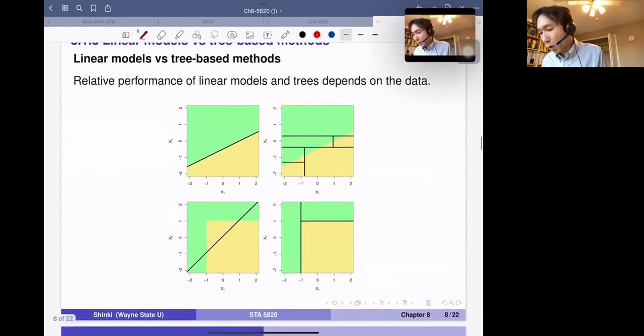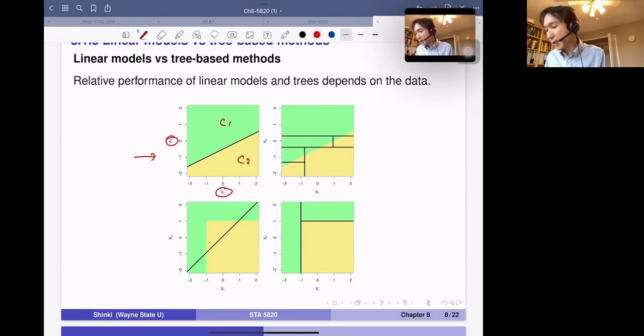So what's the real performance of tree-based methods and linear methods? It really depends on the problem. Suppose we have the 2 predictors x1 and x2, and this is the region for class 1 and the region for class 2.